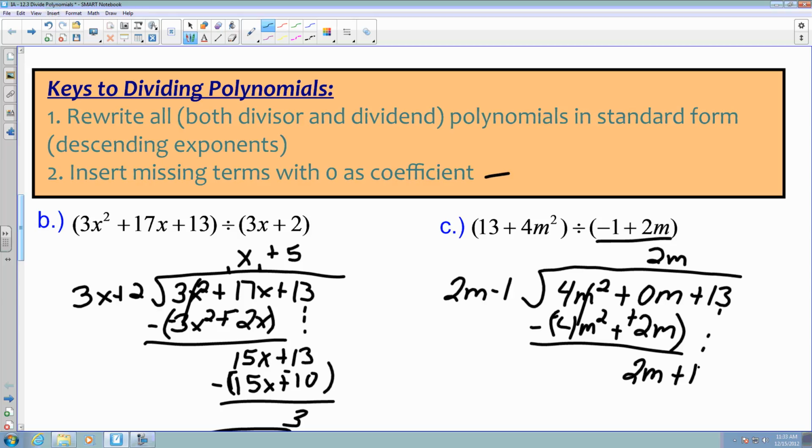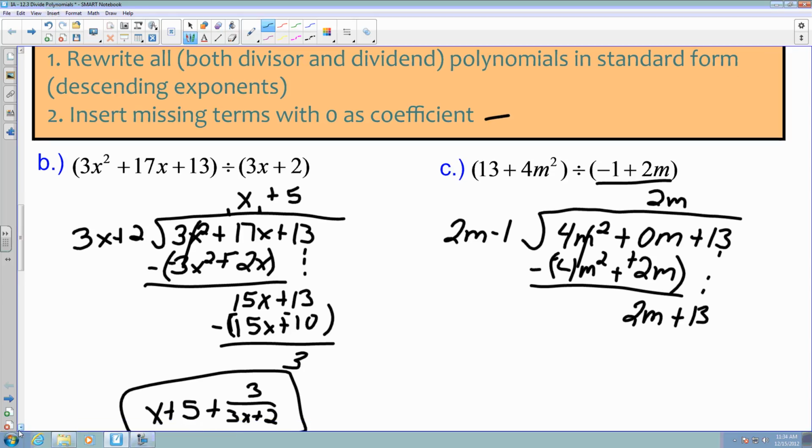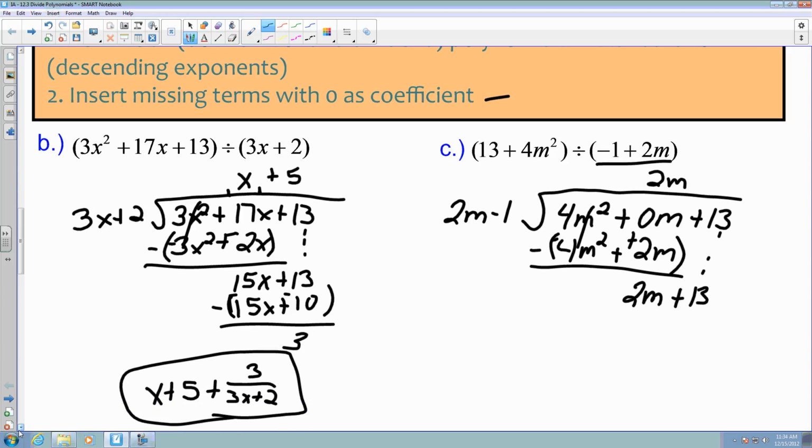Drop this down, I got plus 13, and I need a value that'll cancel out my 2m, that'll just be a plus 1. So if I go plus 1, that's 2m minus 1. Again, it's negative, so distribute the negative, so I have negative here, but that becomes plus. So that cancels, and then this becomes 14.